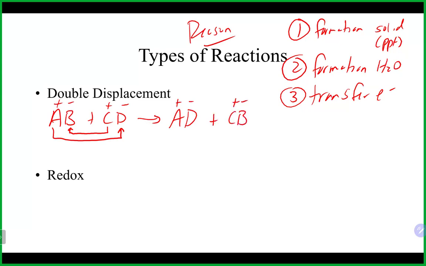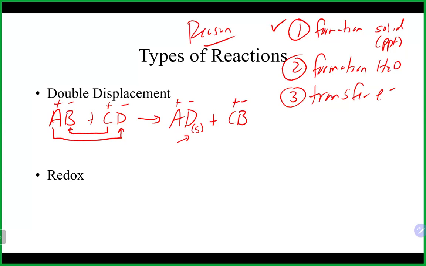The result of this switch in a double displacement reaction is, in some cases, you will get a solid that forms, like what you did when you got the yellow lead 2 iodide the other day. That is one of the reasons why a reaction takes place.